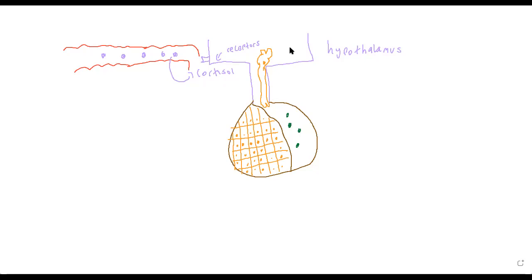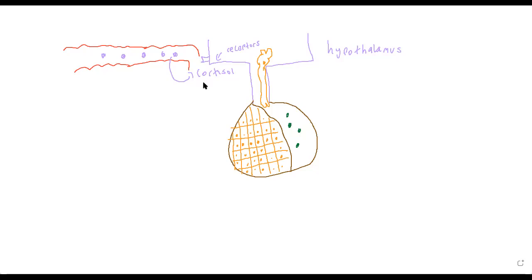And the anterior pituitary makes its own hormones. And these hormones are called trophic hormones. But anyways, one of the hormones made is called adrenocorticotropic hormone. You don't need to know the exact name of that. We'll just call it ACTH, its proper abbreviation.